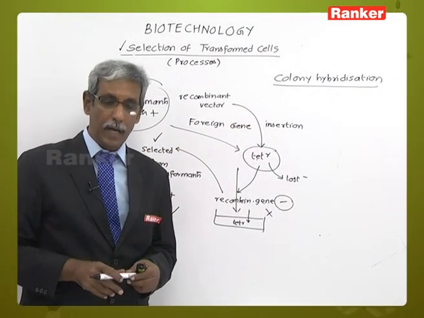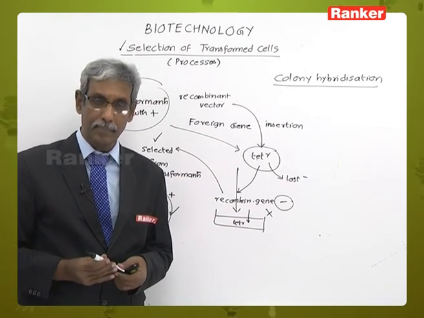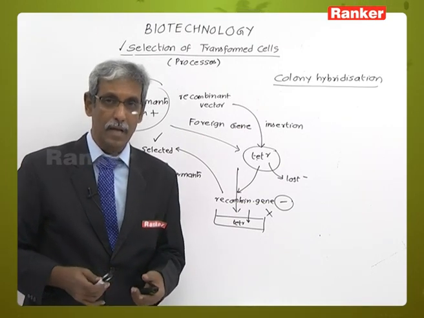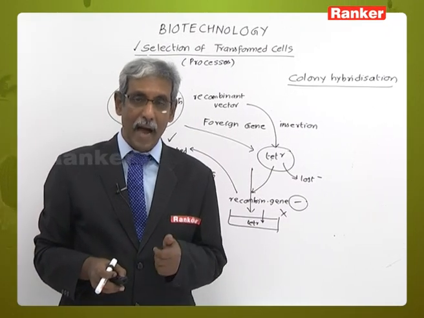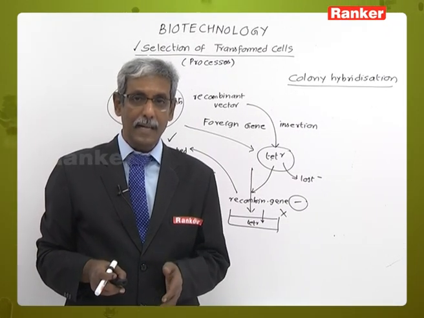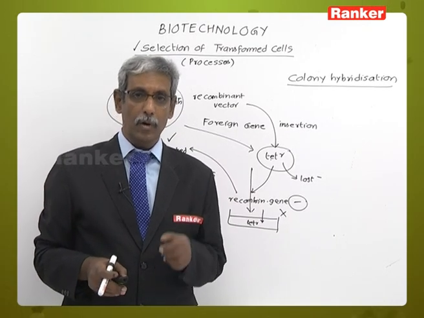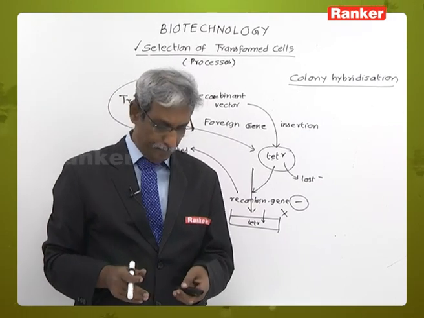Before we go into colony hybridization, it is very important that you understand two important terms. One is termed insertional inactivation. Insertional inactivation means when a foreign gene is added, the gene gets turned off. Because of the insertion, there is inactivation of the particular gene.